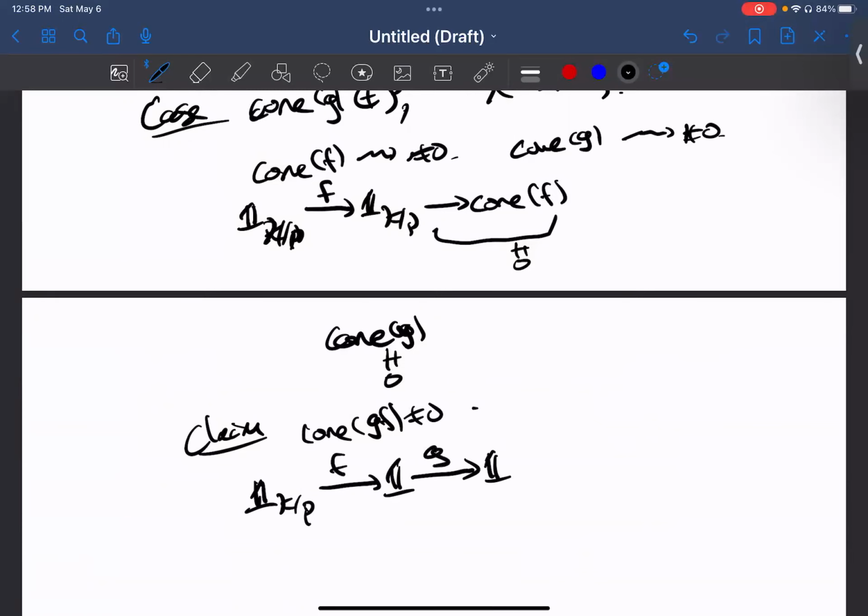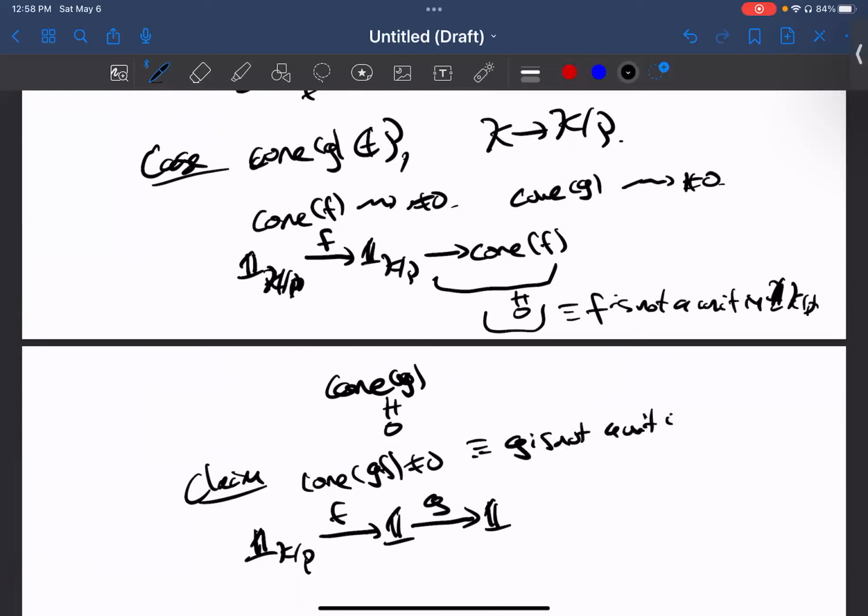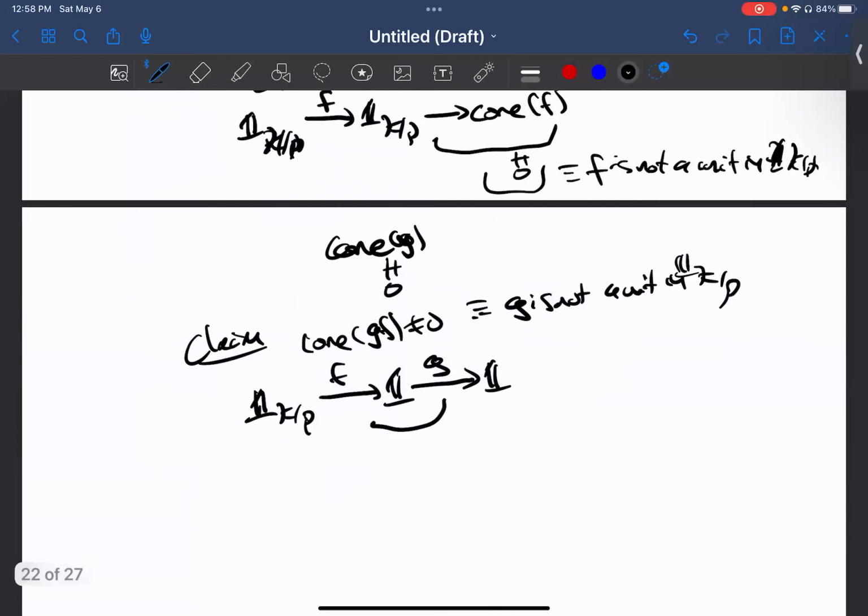So here's F, here's G. And we claim that this composite, all right, so this being non-zero means that F is not a unit in 1 K mod P. This is equivalent to G is not a unit in K mod P. And if these are not units, then their composite is not a unit either, because it's a ring. So this implies the claim.